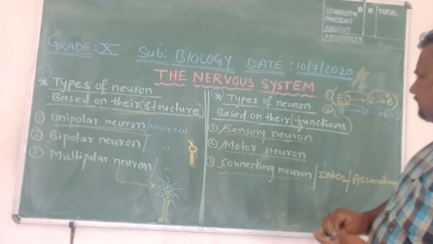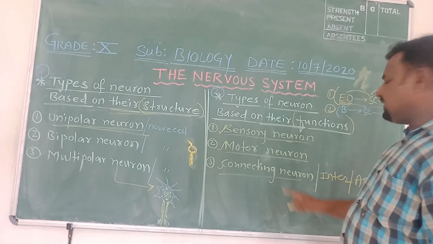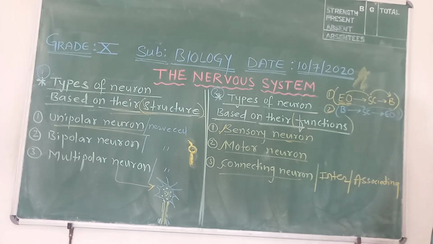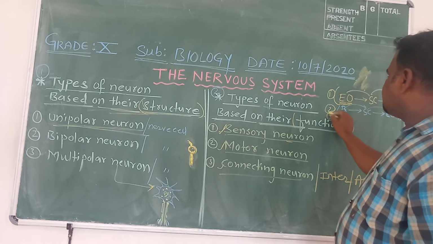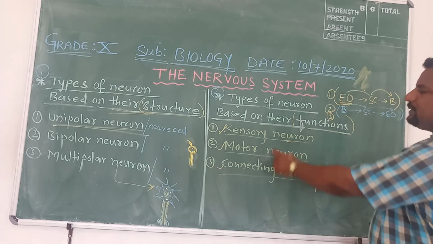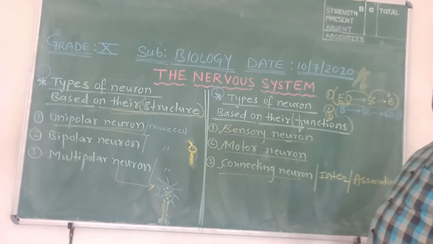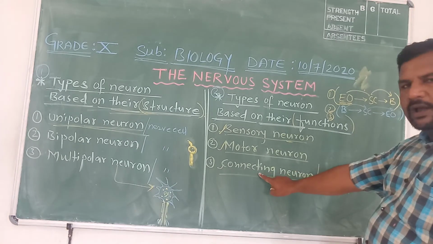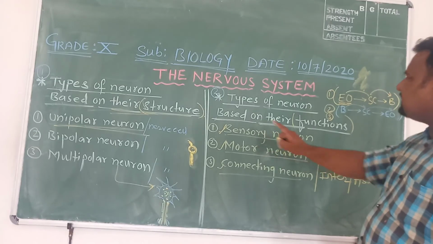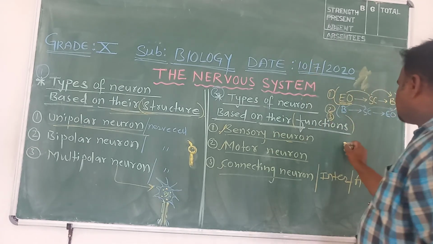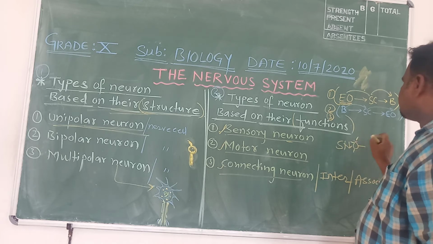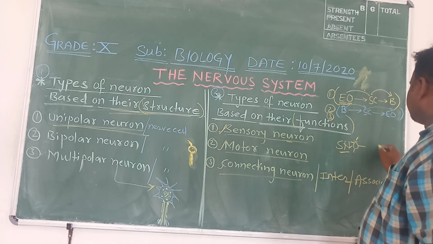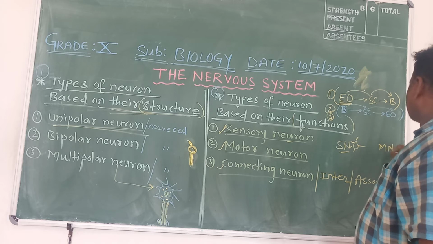And the third type of neuron is the connecting neuron, or interneuron, or we can call it the associating neuron also. This is the connectivity between the sensory neuron and the motor neuron. This neuron helps to connect this neuron with this. For example, this is the sensory neuron, and here is the motor neuron.